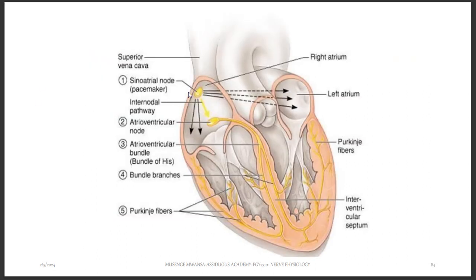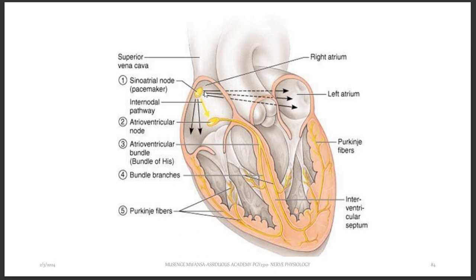So you can see the depolarization starts at the SA node. From the SA node, depolarization spreads to the atrioventricular node, and then to the atrioventricular bundle, the bundle of His. The bundle of His splits into the left bundle branch and the right bundle branch, and from these you go to the Purkinje fibers.